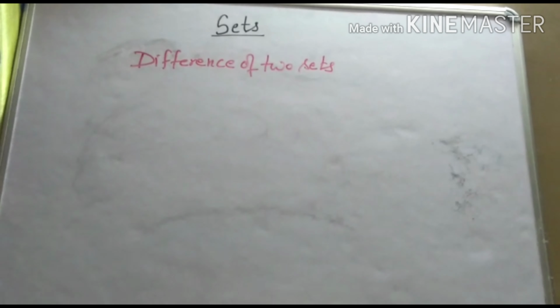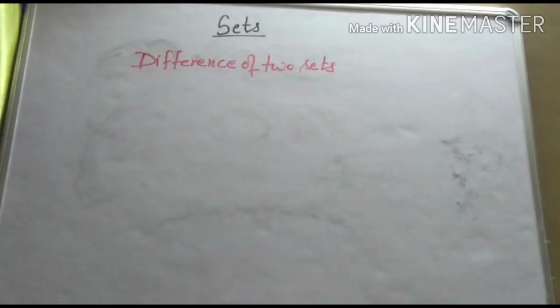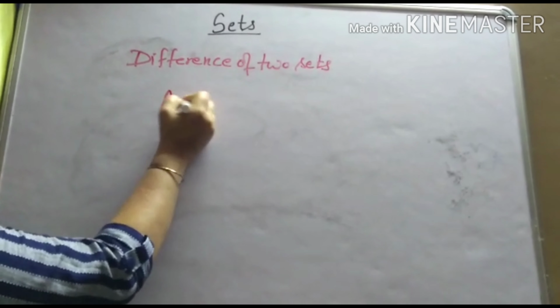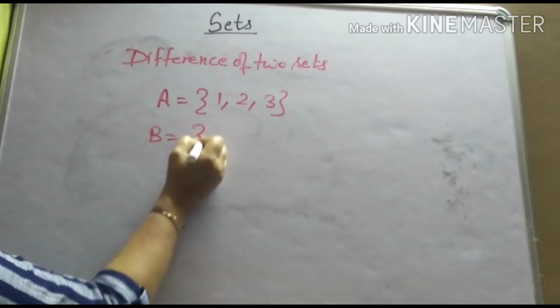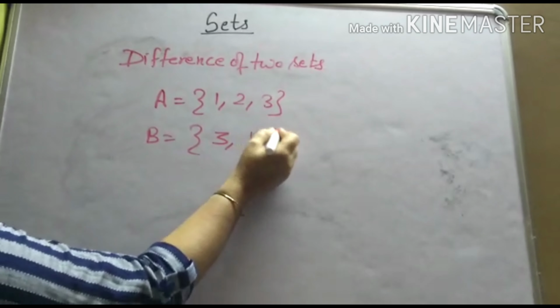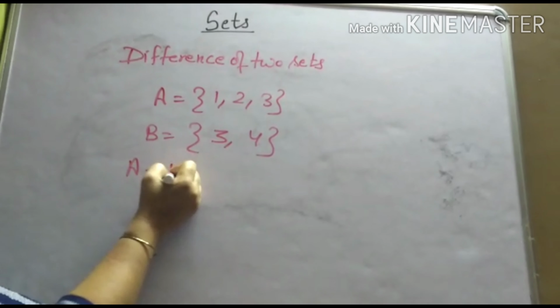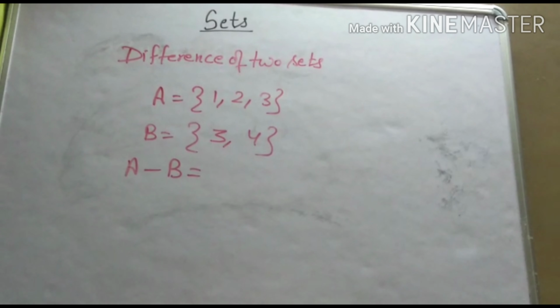Now let's learn about the difference of two sets. If we have set A as {1, 2, 3} and set B as {3, 4}, then what is A minus B?